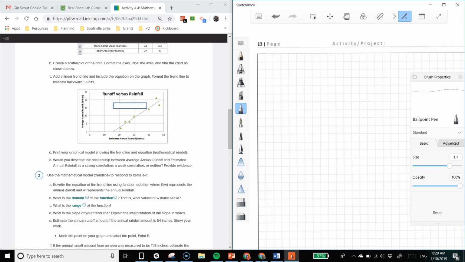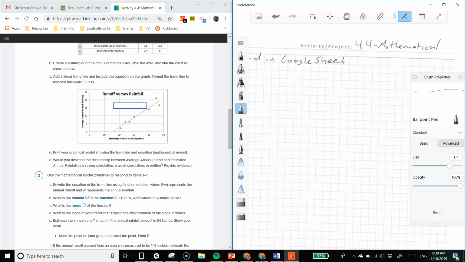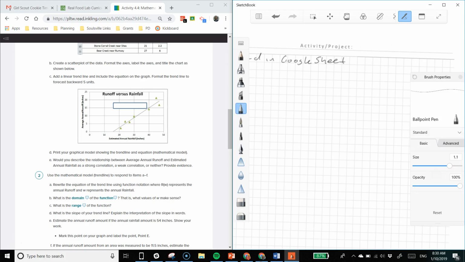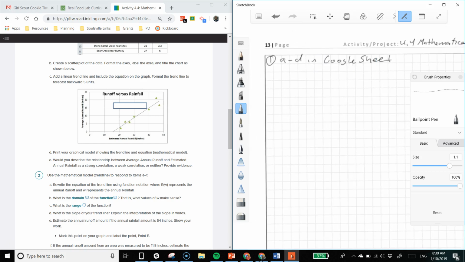So I'm going to say step 1, A through B. Right, so A through D are in sheets, and then E asked me to describe the correlation.